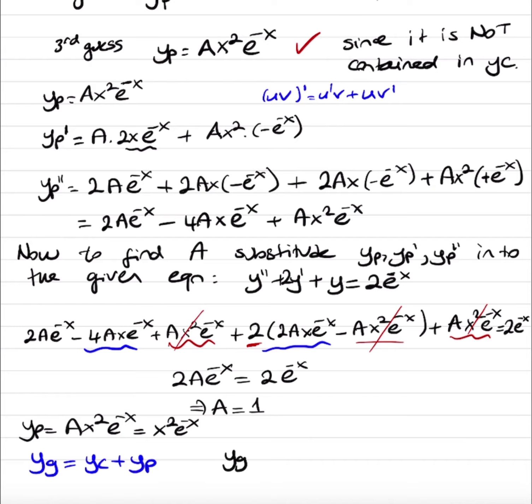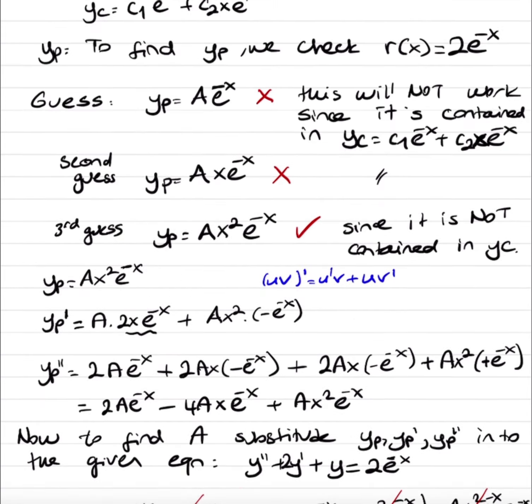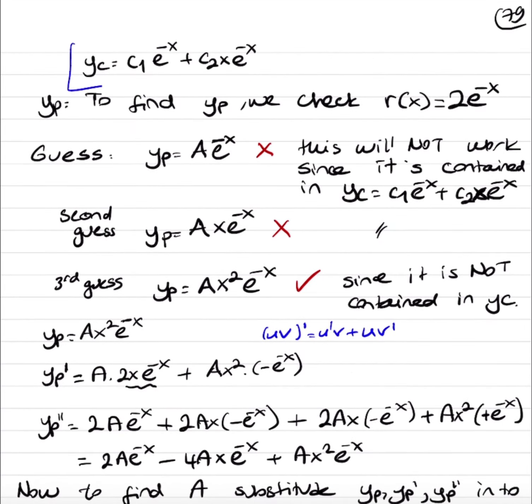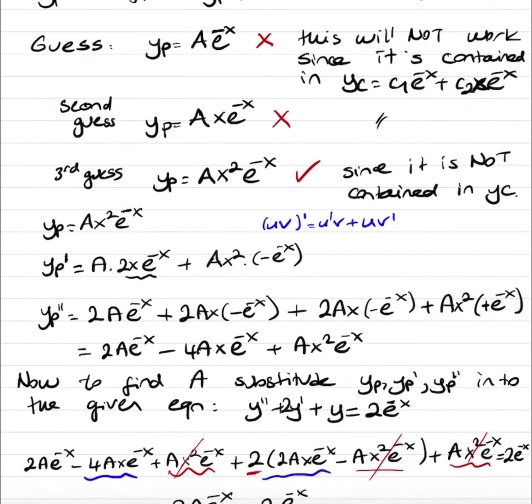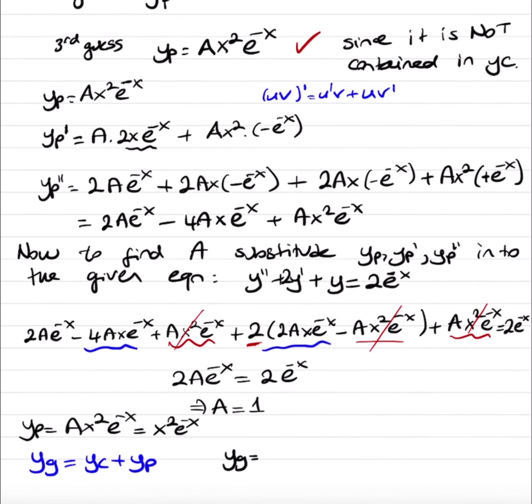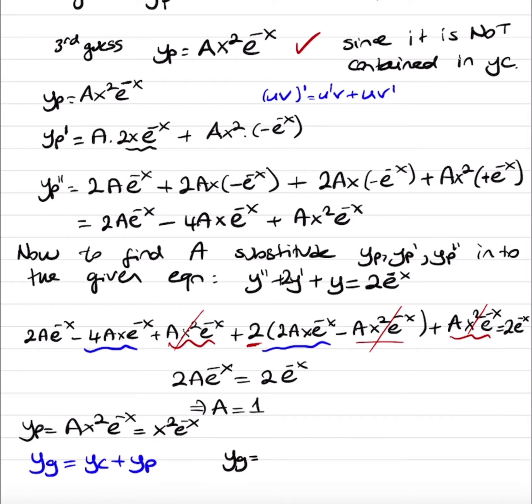So our general solution is the complementary, let me write it, c1 e to the power minus x plus c2 x e to the power minus x, plus y particular, plus x squared e to the power minus x, is the general solution.